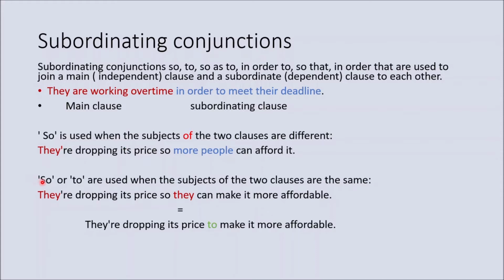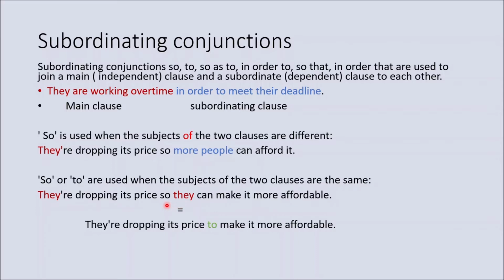Discussing so or to, again, they are used when the subjects of the two clauses are the same. So or to are used to link a main clause and a subordinate clause to tell a purpose.